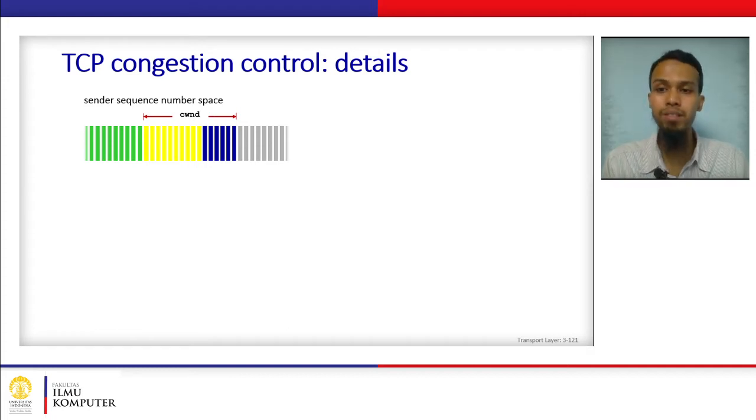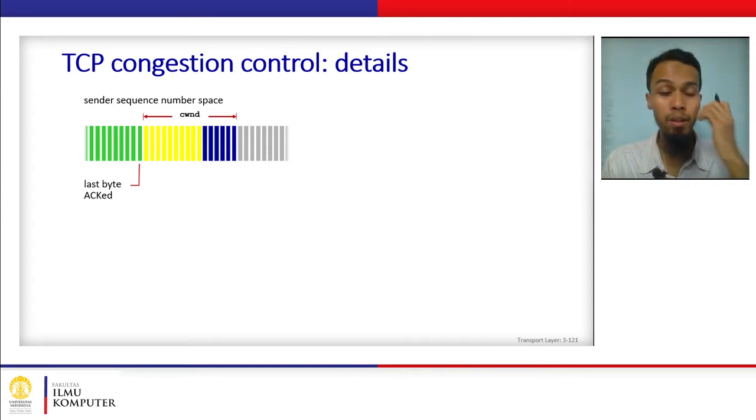We have seen this figure previously, but let's repeat what we have studied before. Here we have the green segment, which is a segment that was already sent, and the sender already received the ACK for this segment. And then let's say the congestion window is the yellow and the blue segments.